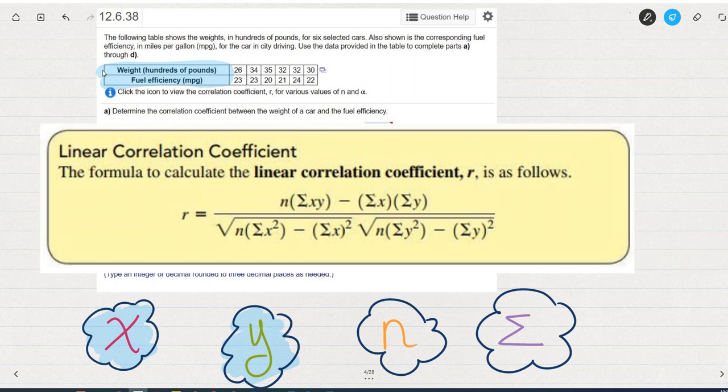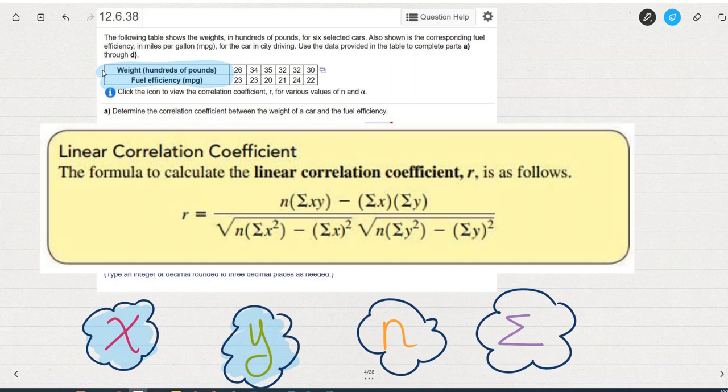When we work this formula out, I'll be honest with you and say that it actually ends up not making a difference. So if you make an error in determining which is independent or dependent, it might not affect your coefficient.